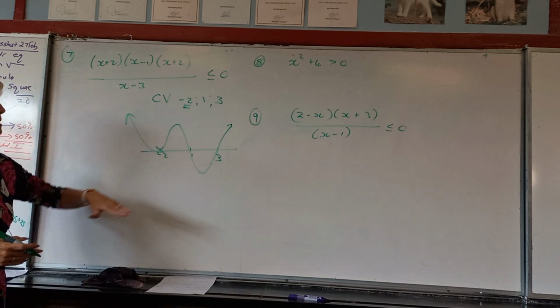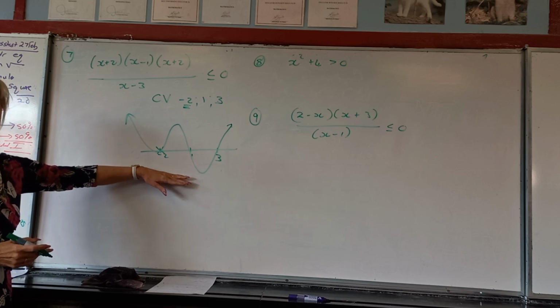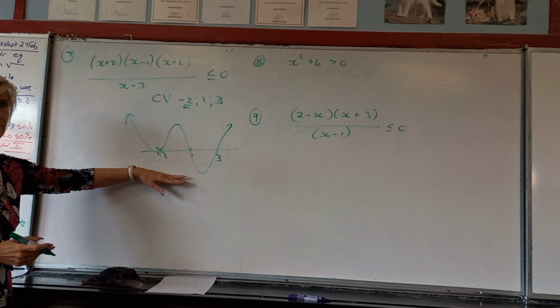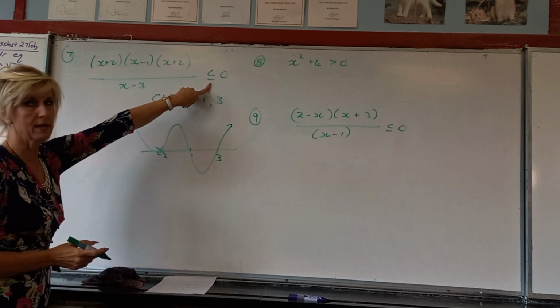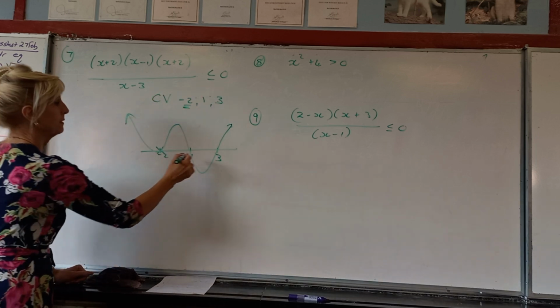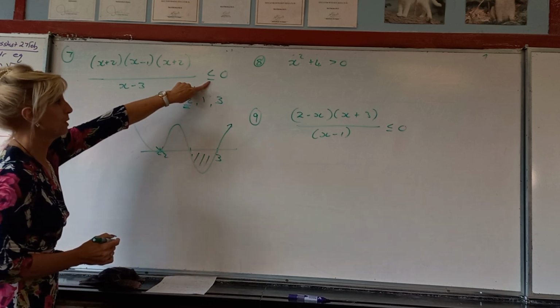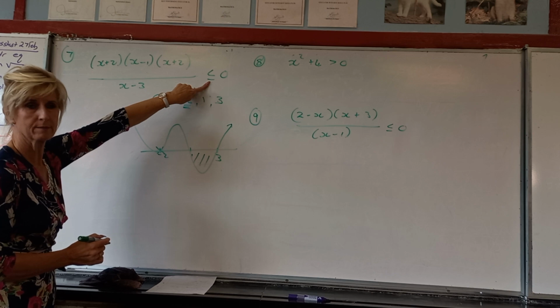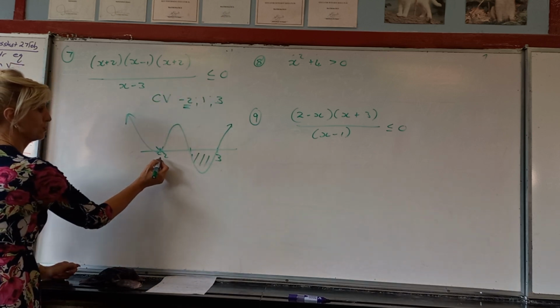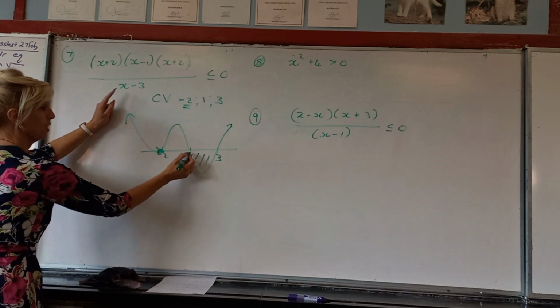Always. So when I look at the sum, where must I colour in now? Where must I colour in? Smaller than is at the bottom. That's it, eh? And then what do I do at the critical value points? You make them closed. So closed, closed, closed.